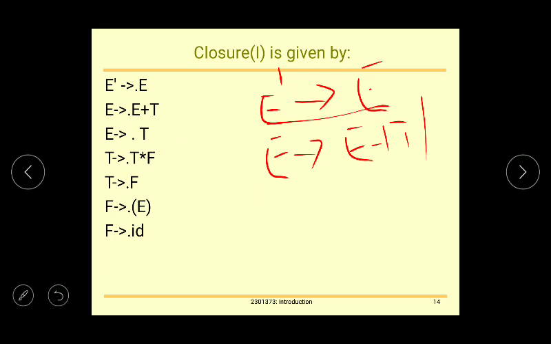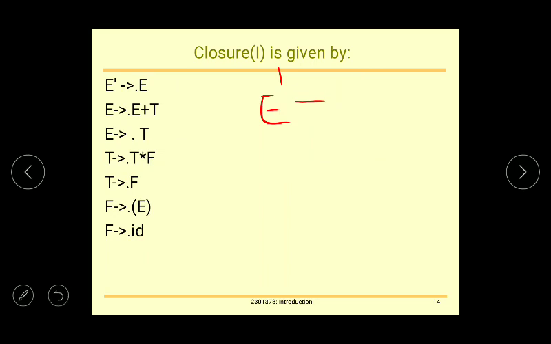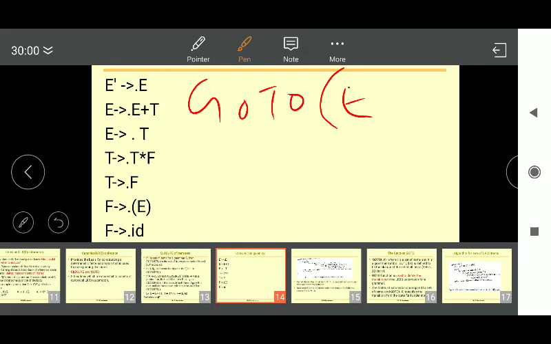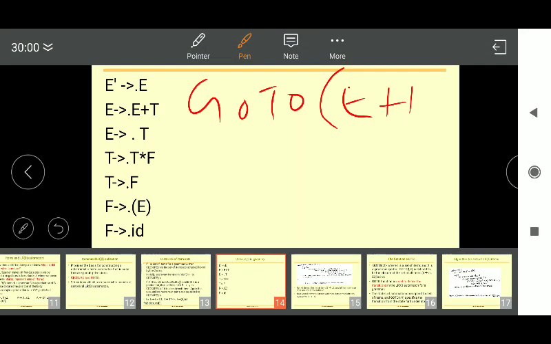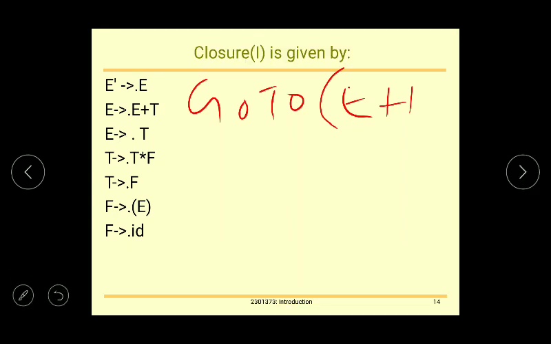Suppose we need to find goto of E gives dot E plus T. Goto of this means we are moving this particular dot one position towards the right.